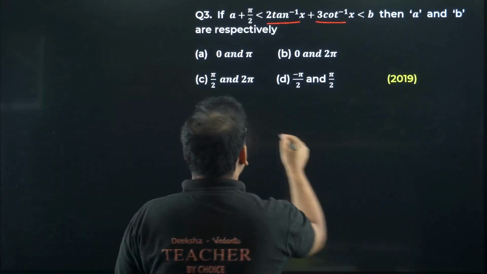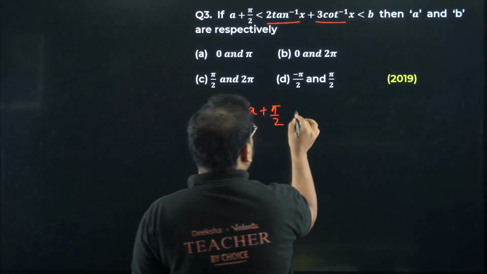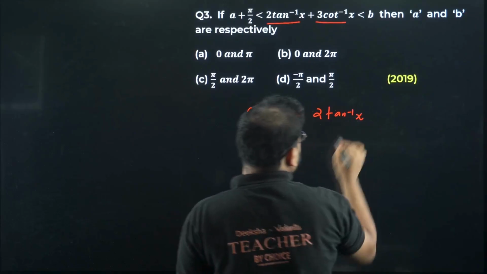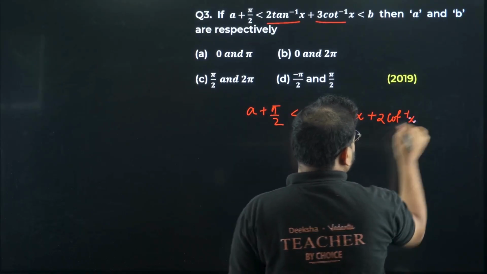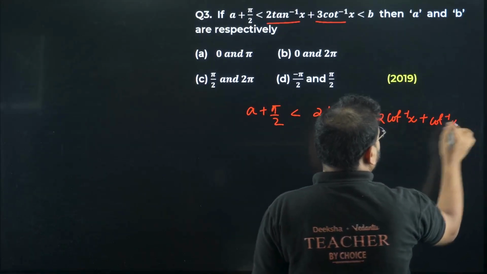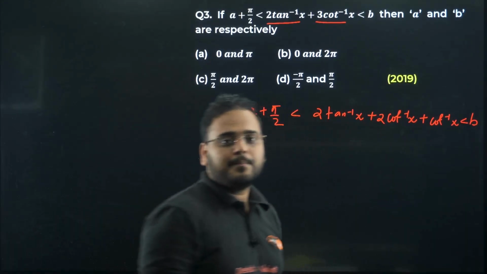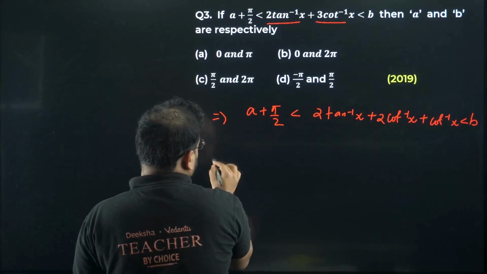See the step? So we'll write here a plus pi by 2 is less than 2 tan inverse of x plus 2 cot inverse of x plus cot inverse of x, and that is less than the value b. Works out. Okay, we'll write one more step.